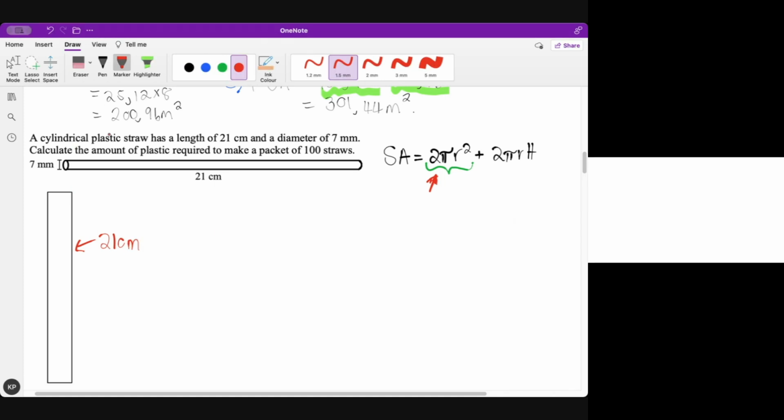Now this part, do we all still agree that this part is the one that goes into a round circle? Are we with me still on that? Yes. Is it 7 millimeters?